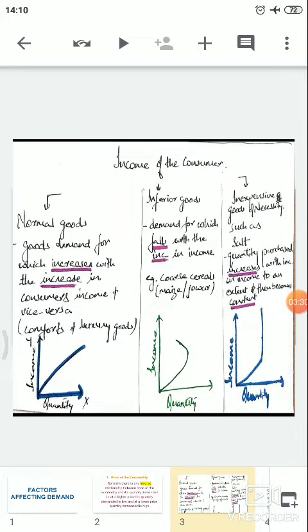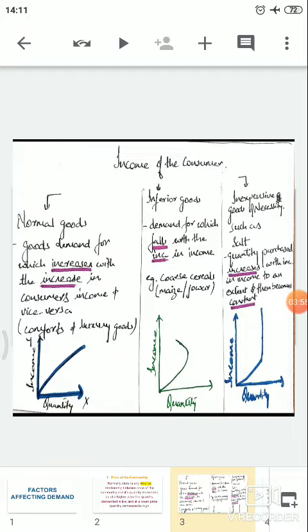Now, why does it fall? Because now the consumers prefer to have the superior cereals. They were earlier having maize and jowar, which were considered inferior cereals. Now, wheat and rice are considered superior cereals. So now they switch from the consumption of maize and jowar to the consumption of rice and wheat.